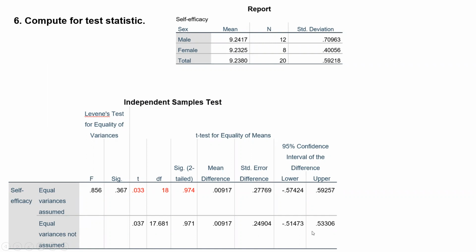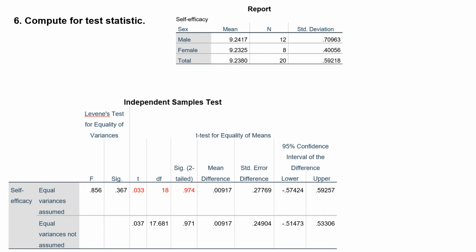Here's the thing. To decide which one to report, go to Levene's test. Take a look at the F and the sig. Look at the sig of Levene's test, 0.367. And we have a rule here.